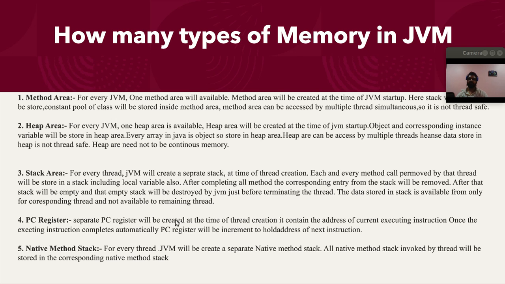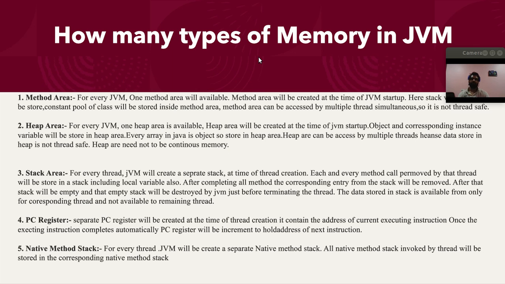The next question was: how many types of memory are in the JVM? Here you have to discuss the memory. We are going to discuss in a deep manner the memories and also what is stored in those memories.